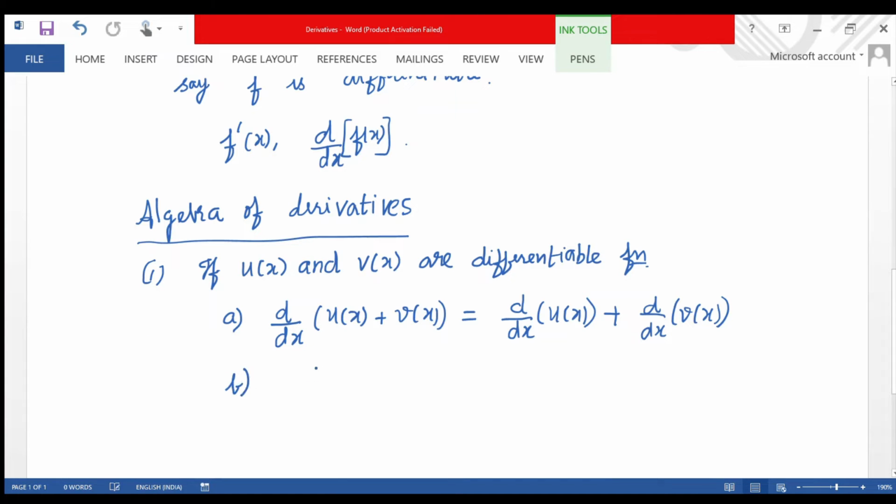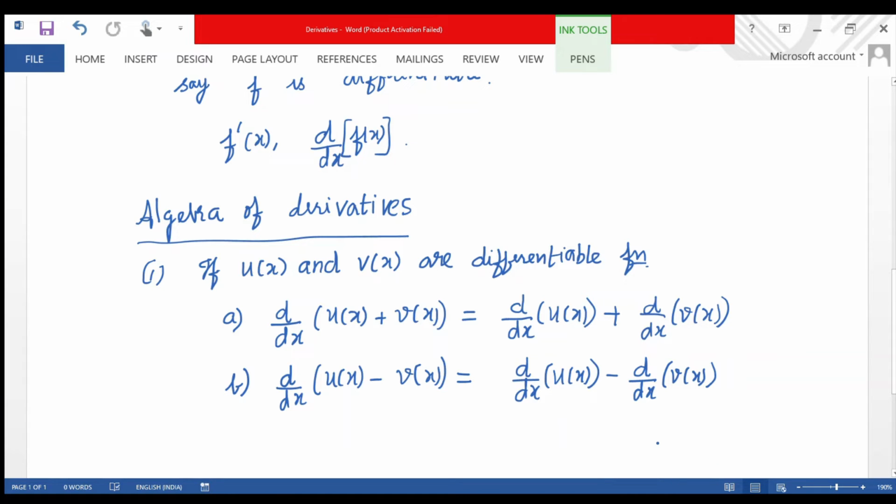Similarly, the derivative of the difference of two functions, that is u of x minus v of x, is given by d by dx of u of x minus d by dx of v of x.